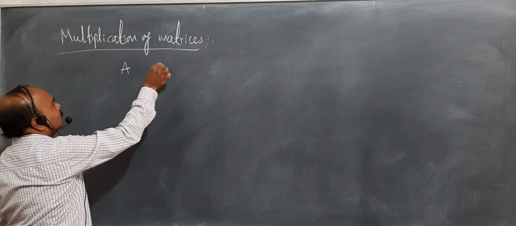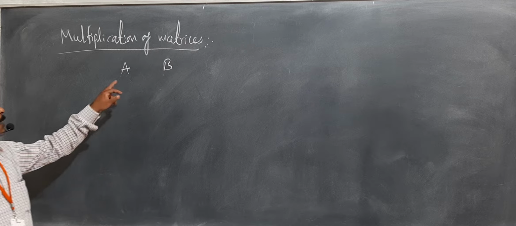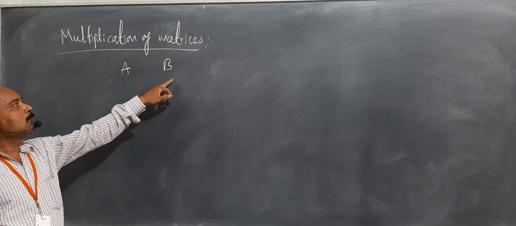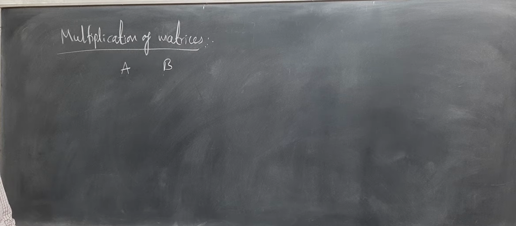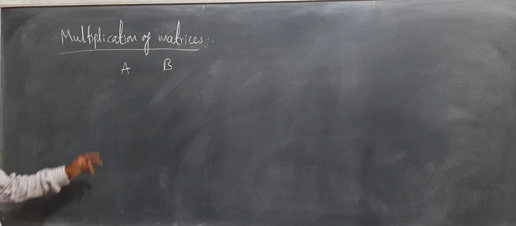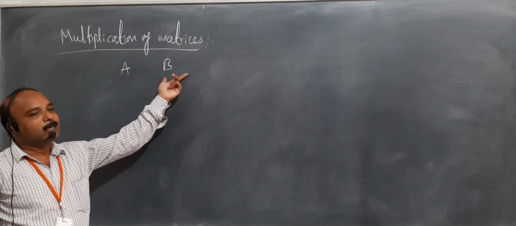A is the first matrix and B is the second matrix. For multiplying the matrices A and B, we should remember the condition for multiplication. The condition of multiplication of matrices is that the number of columns of the first matrix should be equal to the number of rows of the second matrix.